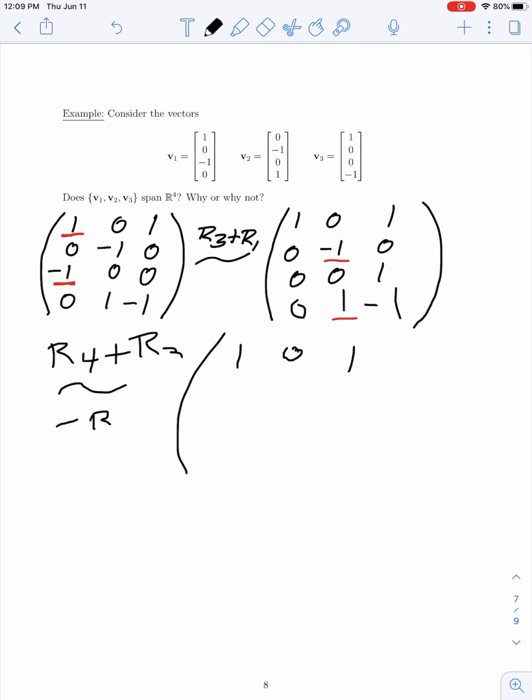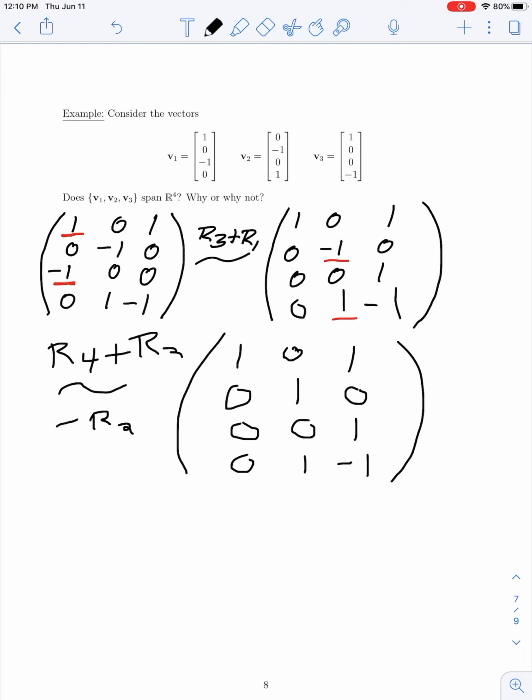So taking the negative of row 2, we have 0, 1, 0. My third row I'm going to leave alone. I've got 0, 0, 1. And when I added row 2 to row 4, I have 0, 1, negative 1.